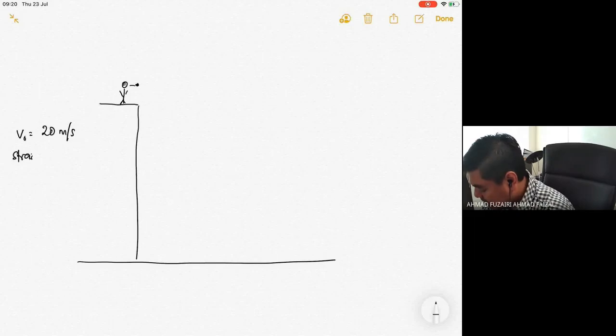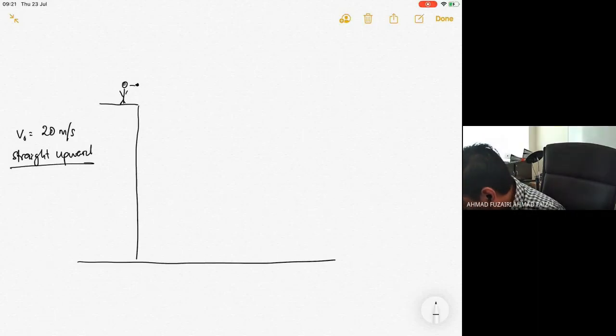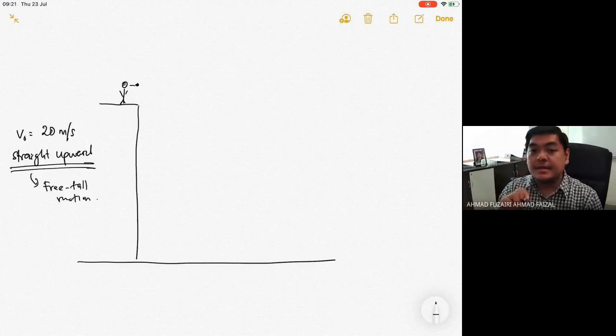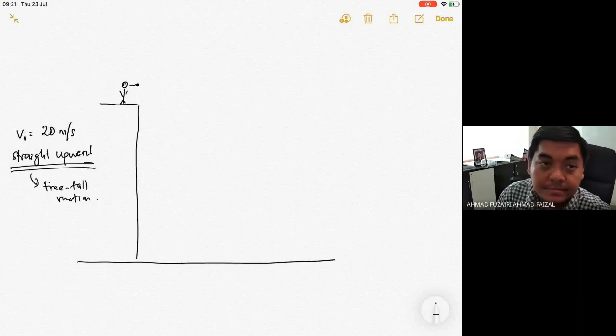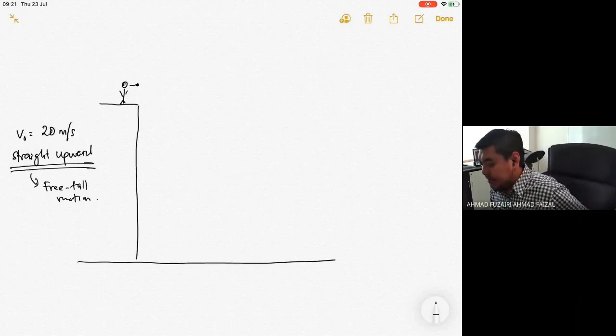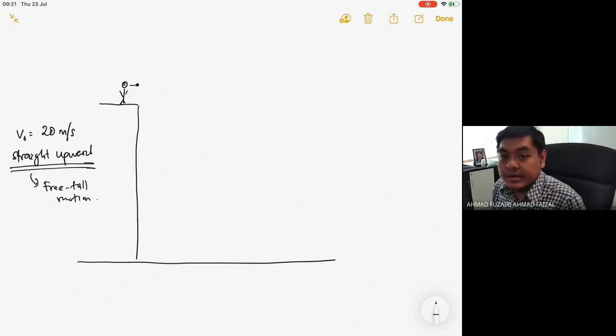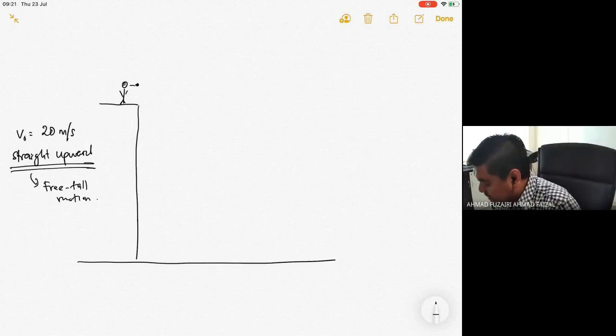Look at the words used in the question, straight upward. This is the indicator that this should fall under free fall motion, at an initial height of 50 meters.